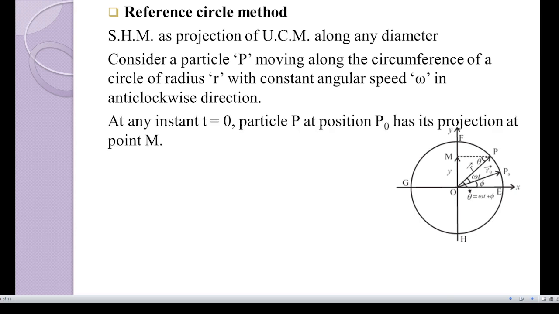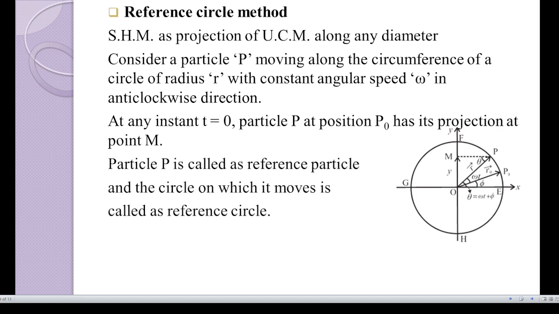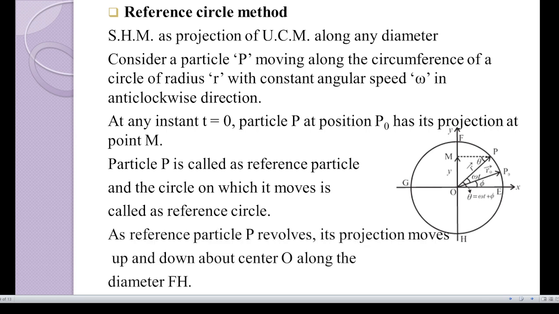At any instant, that is t is equal to 0, the particle P at position P0 has its projection at point M. Particle P is called a reference particle and the circle on which it moves is called a reference circle. As the reference particle P revolves, its projection moves up and down about center O along a diameter FH.